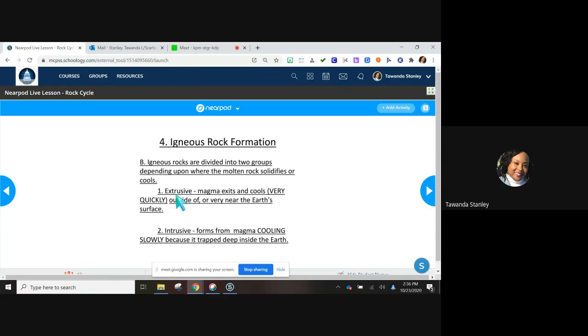In addition, when you're in a building you see the exit signs that lead outdoors. So that's a way to remember an extrusive igneous rock is where the magma exits and cools very quickly, very close to the surface.